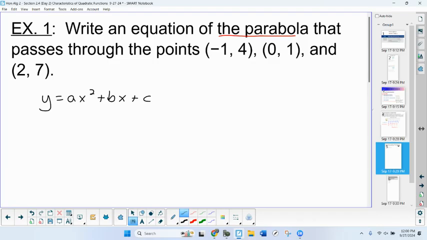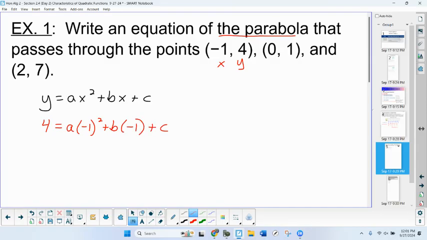And let's look at our first point. Our first point is the point x, y. So we're going to come into this equation, and everywhere we see an x, we're going to let it be negative 1, and everywhere we see a y, we're going to let it be 4. So I have y equals, so 4 equals a times negative 1 squared, plus b times negative 1 plus c.